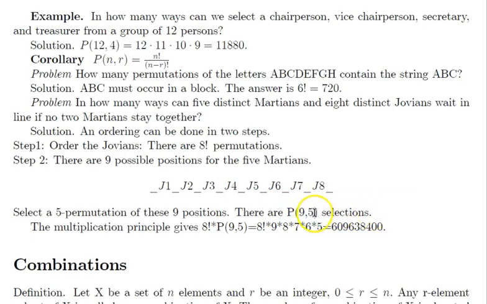So the answer is given by the multiplication principle. We multiply the number of outcomes of step 1 and the number of outcomes of step 2 to get 8 factorial times P(9,5), and the answer is this big number.